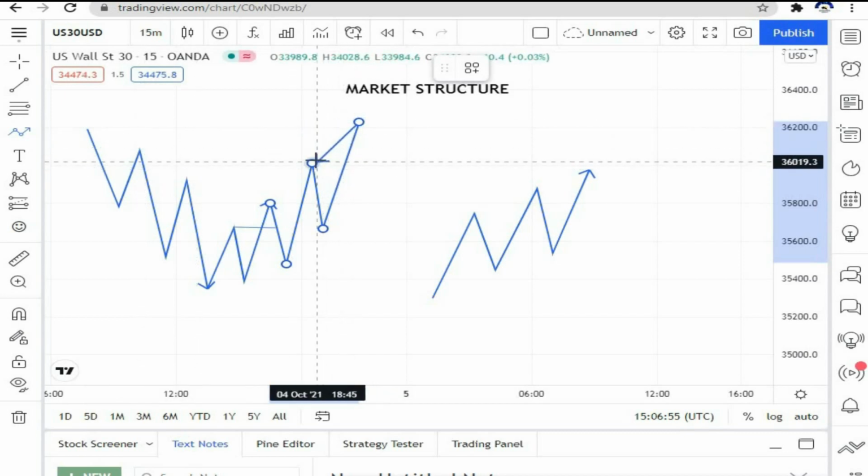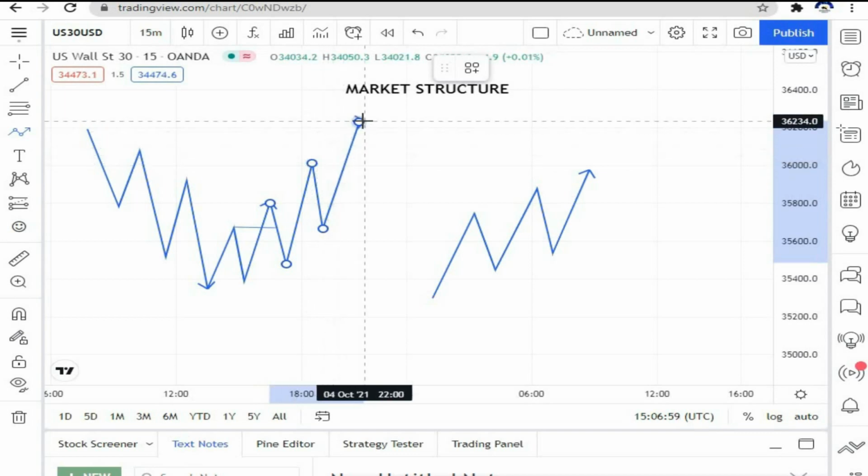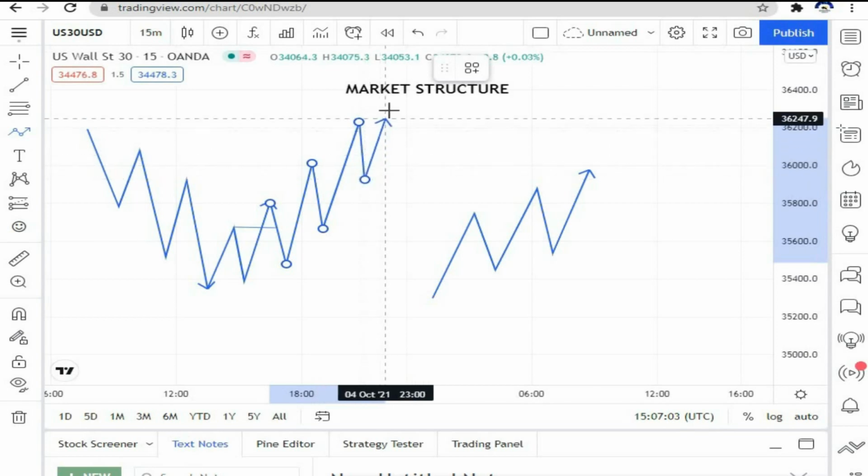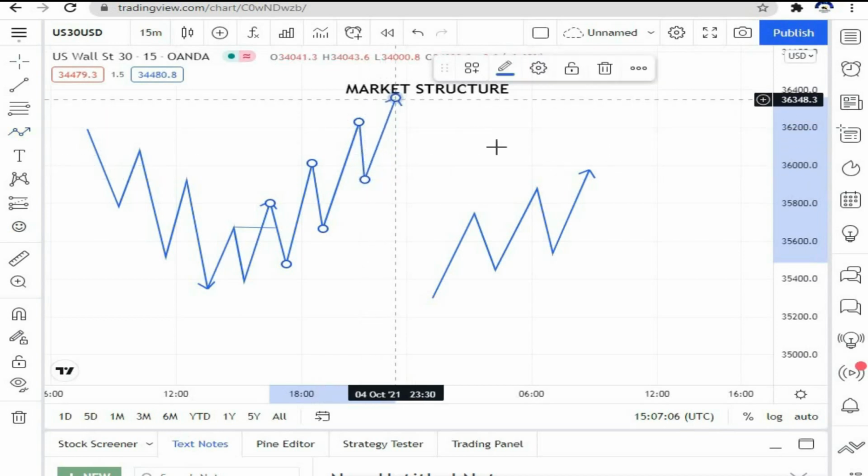Also they will be breaking the previous higher high, creating a new high there, and then they'll keep on doing the same thing while the price is going up.